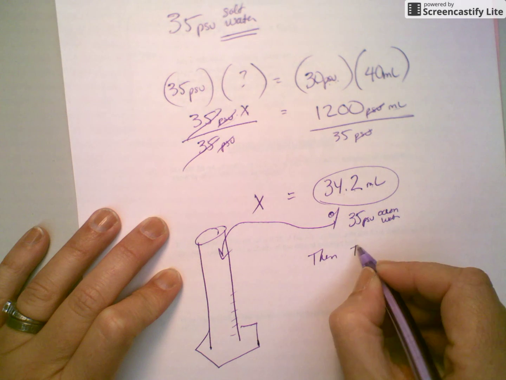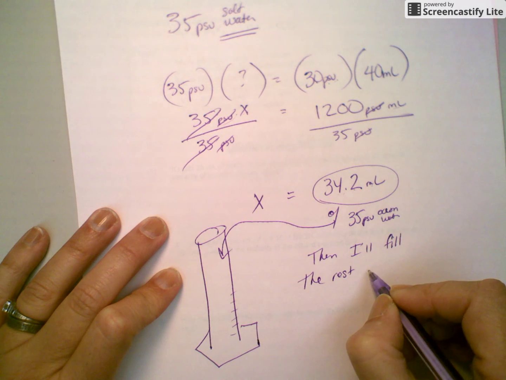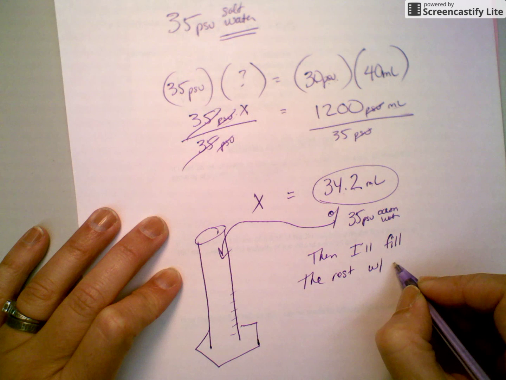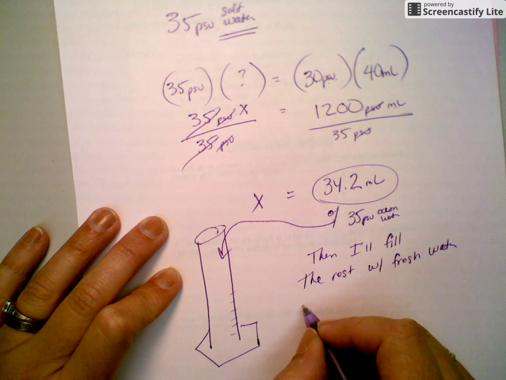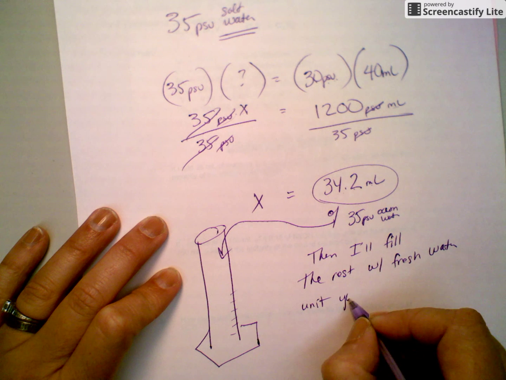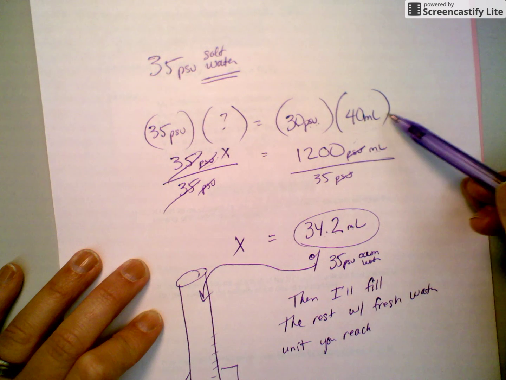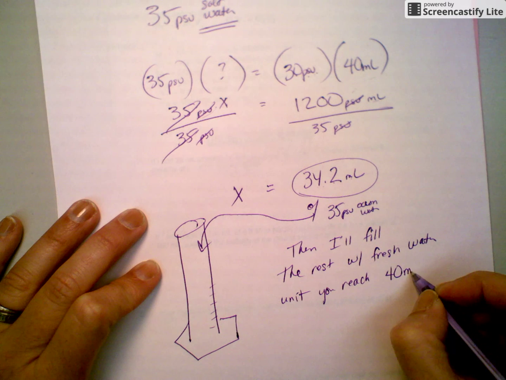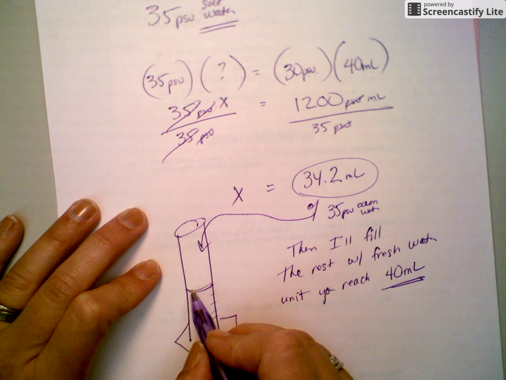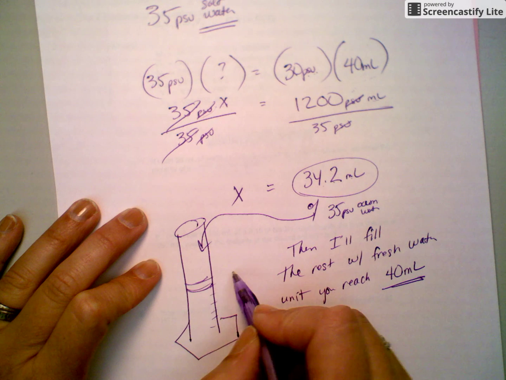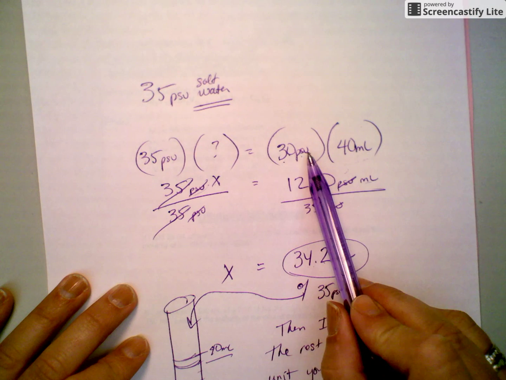Then I want you to fill the rest of the way up with simple spring water, with just fresh water, until you hit, how big was our original sample that we wanted? We want a 40 milliliter sample, until you reach 40 milliliters. So your 34 goes up to here. You add approximately another 5.8 milliliters right up to here, and there is your 40 milliliters of 30 PSU.